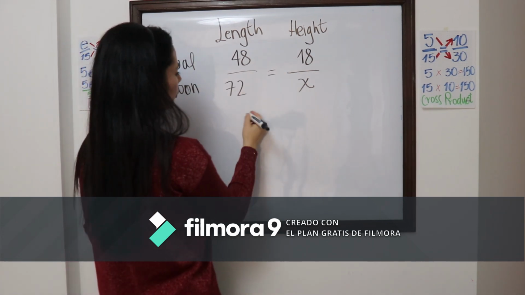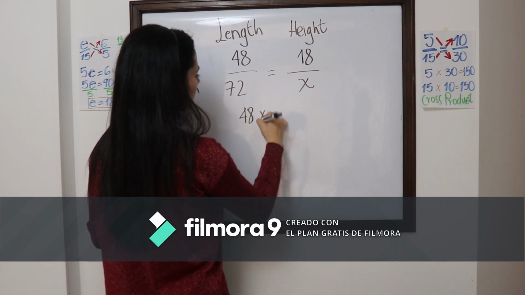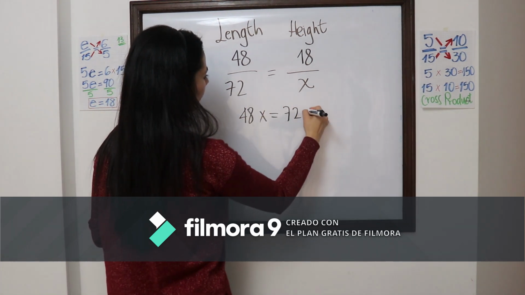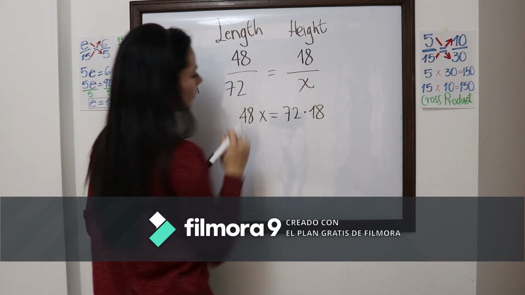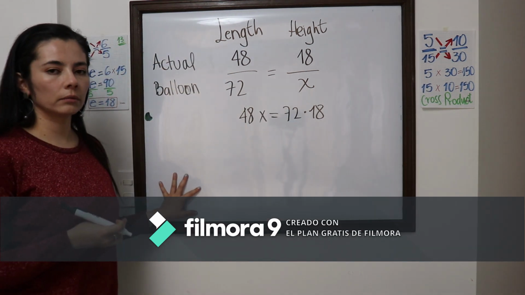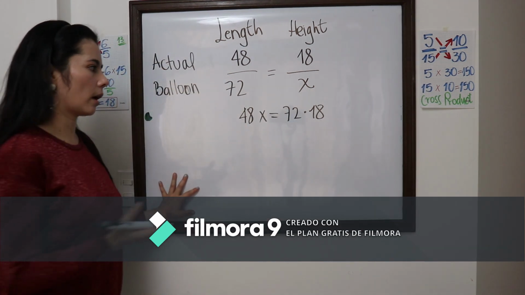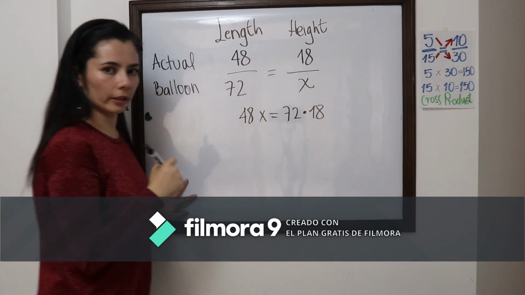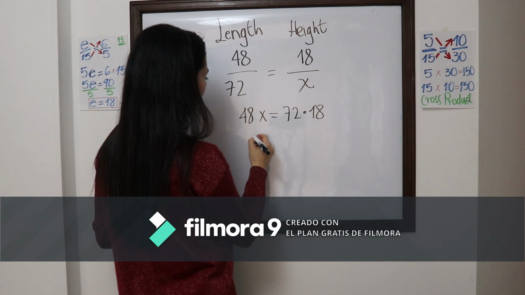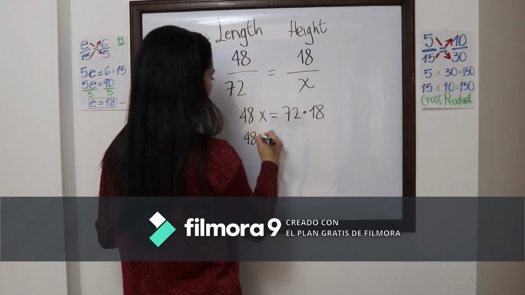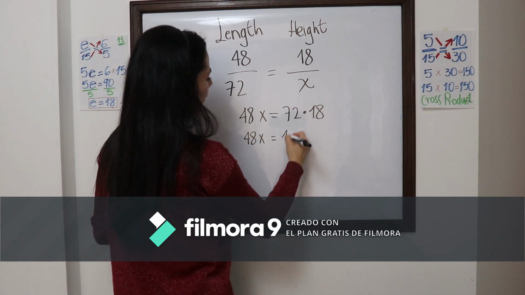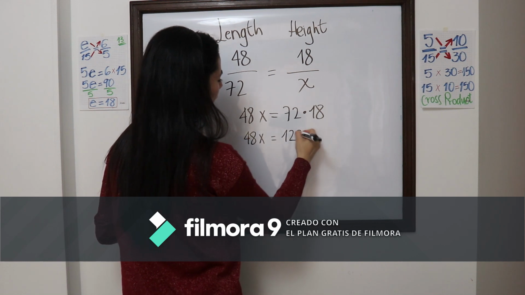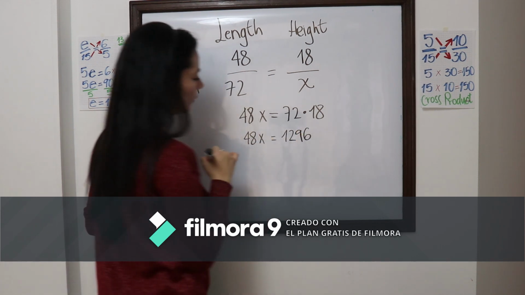Based on the relationship between the first data they gave us, we just need to do the cross product, which is really not that difficult at all. I'm going to use a point for the multiplication operation, and that's not going to make me get confused about the x here, okay? And so we know we have 48x equals 1,296, I believe, hopefully.